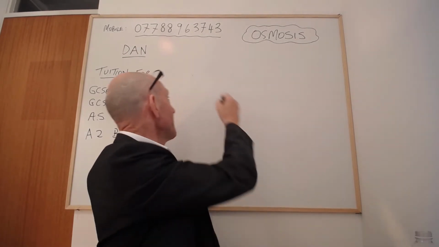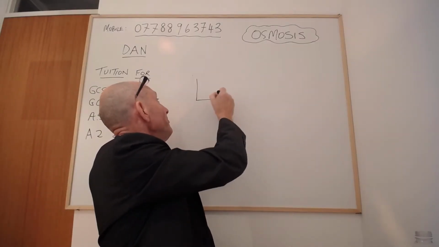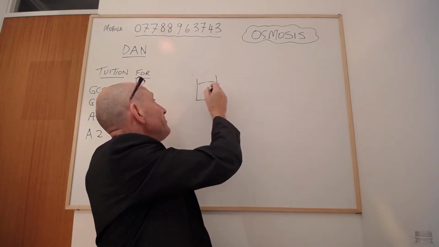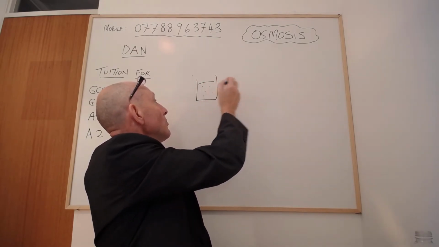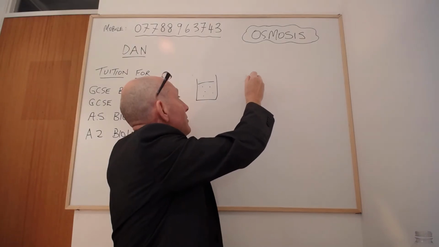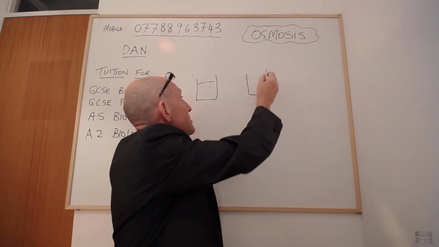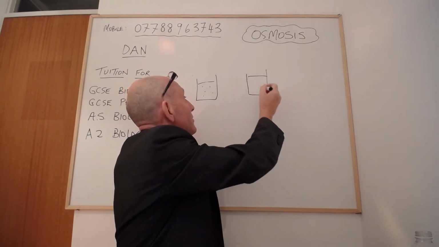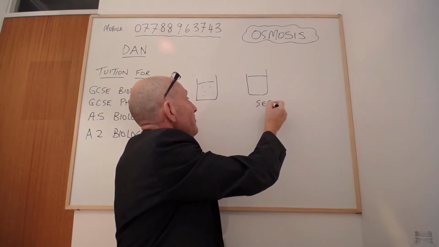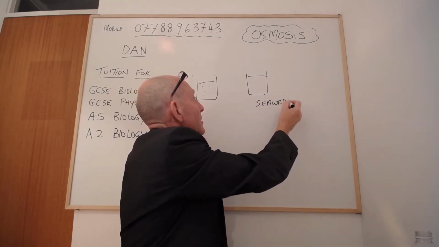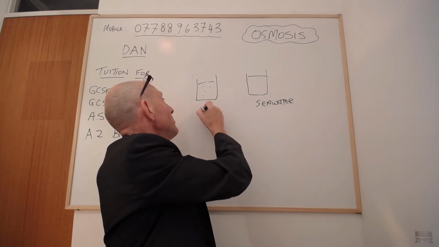So, for example, if we had pure water in that beaker, and in this beaker you have seawater, and this is fresh water or pure water.